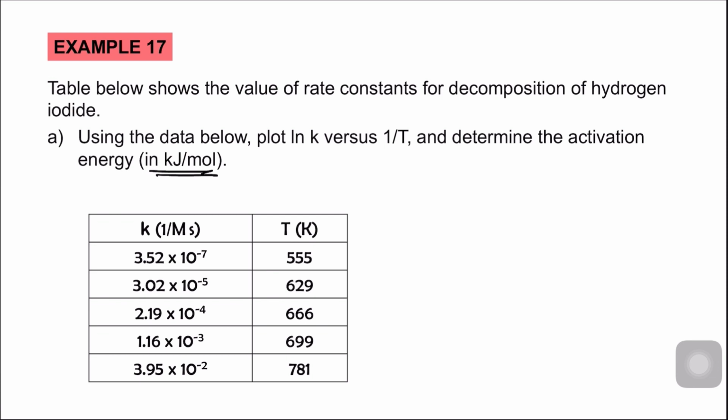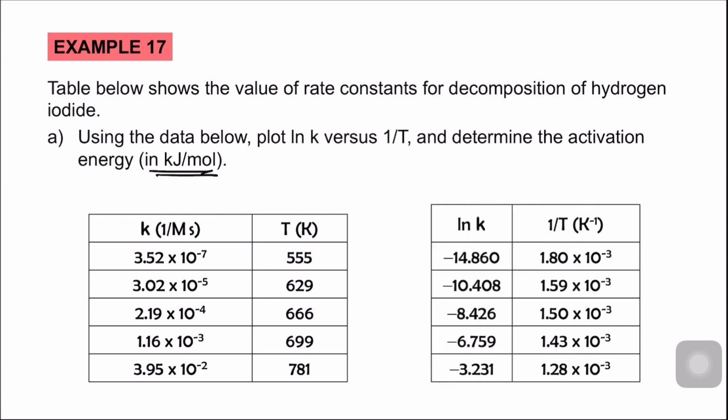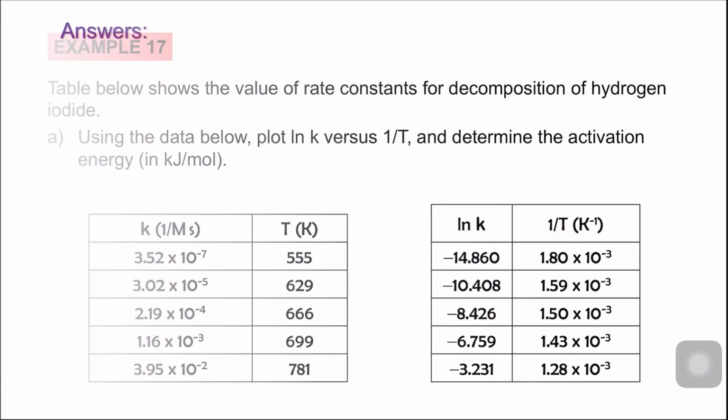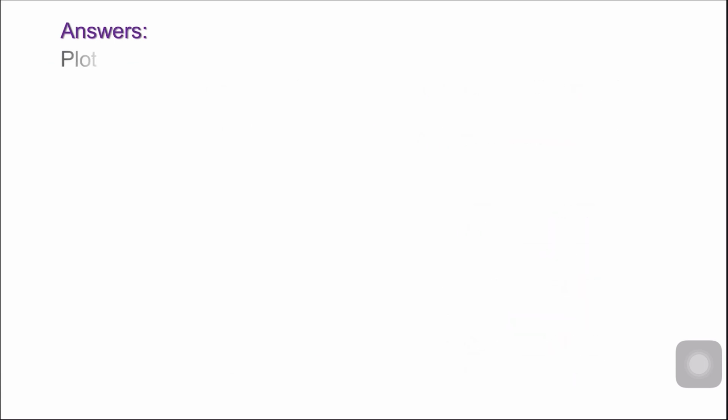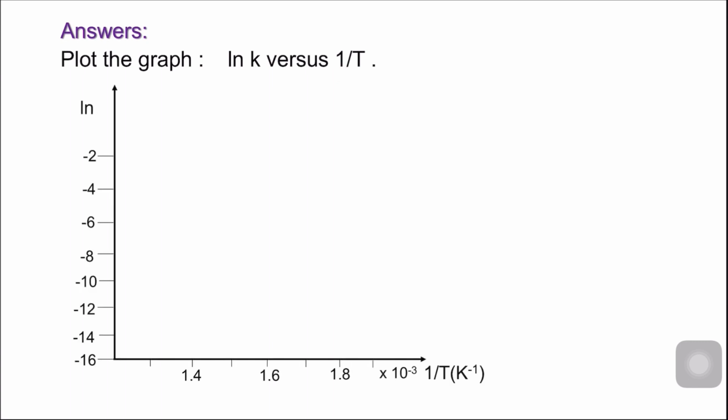So, what will I do? I will make another table with ln K and 1/T. So, my unit has changed, it becomes per Kelvin. And then, I will plot the graph. So, the graph that I have plotted, I plot ln K versus 1/T. And then, I plot based on my graph, the values that I have.